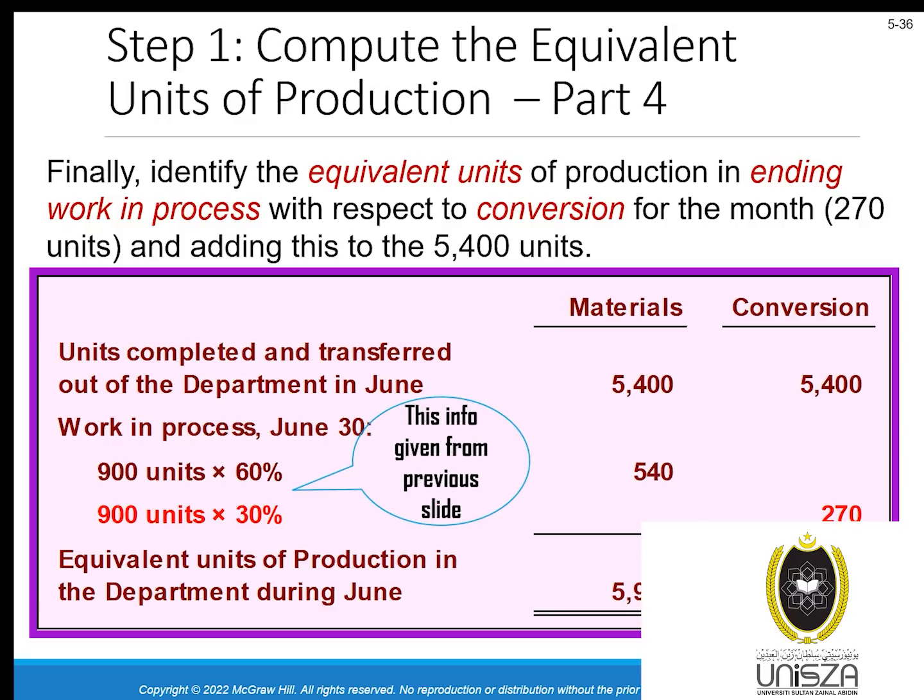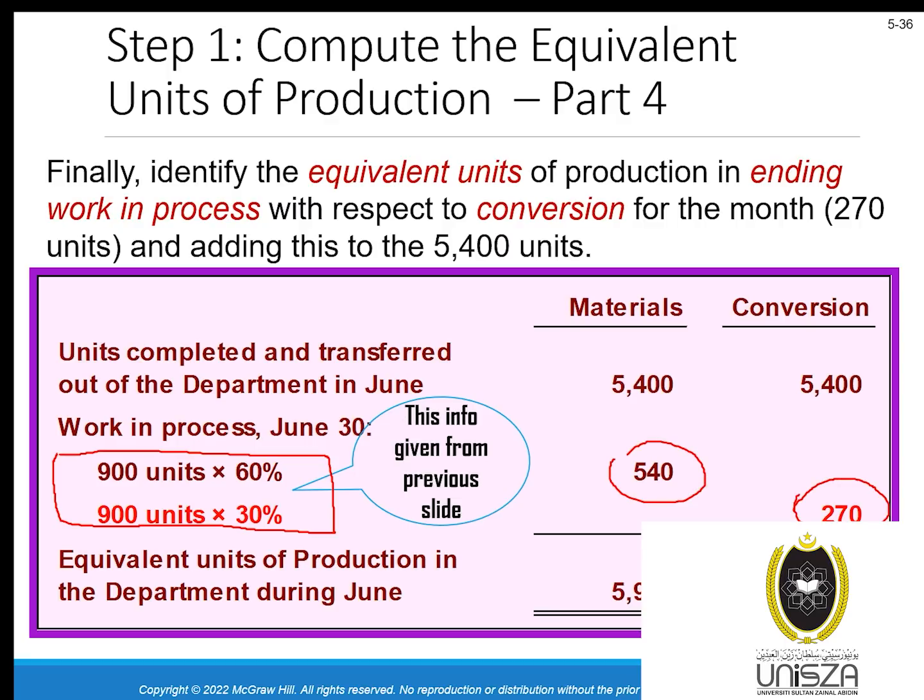This information is actually given from the first slide regarding the assembly department, if you remember from the previous slide, the percentage as well as the units. So then we calculate and we get 540 for materials and 270 for conversion.